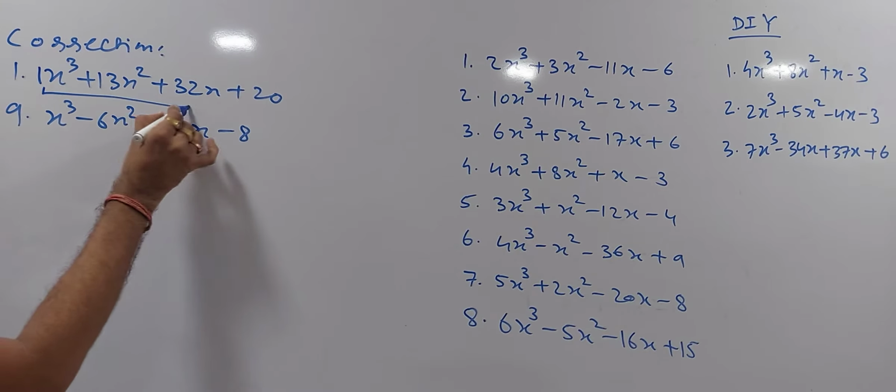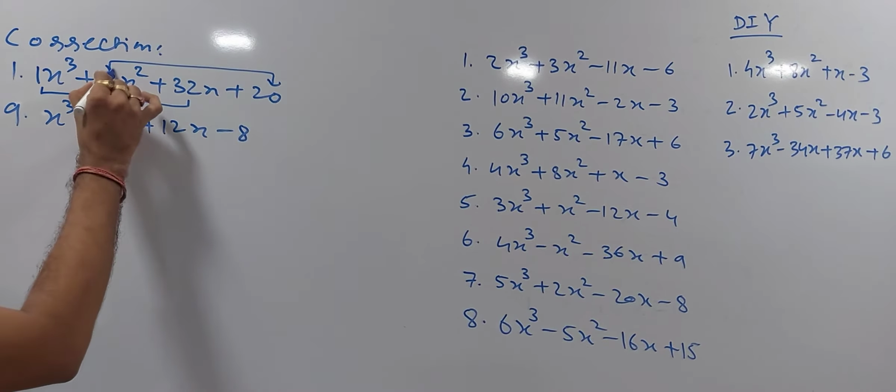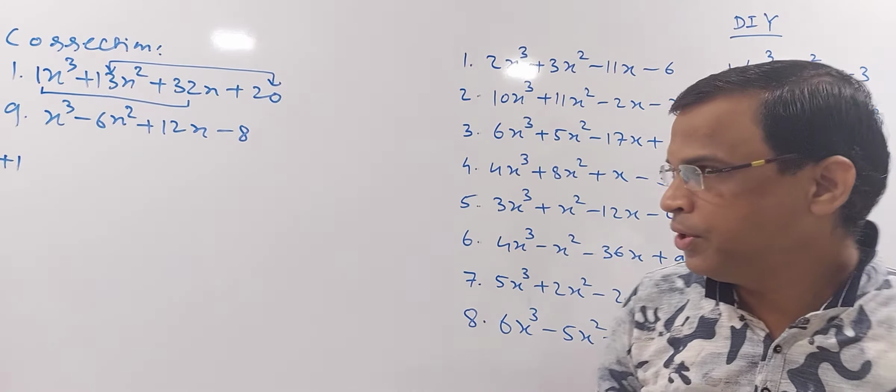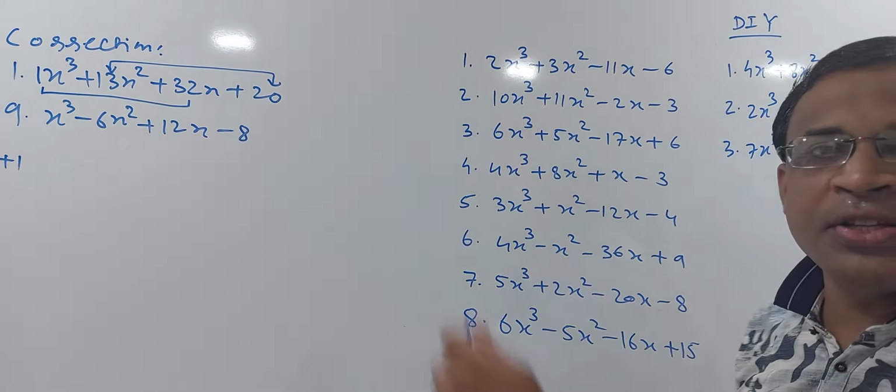So 1 plus 32 is 33, and 13 plus 20 is again 33. When the alternate terms' coefficient additions are the same, you can consider that x plus 1 is one of the factors, or I can say minus 1 is one of the roots. And now I can use the synthetic division method to factorize it further.